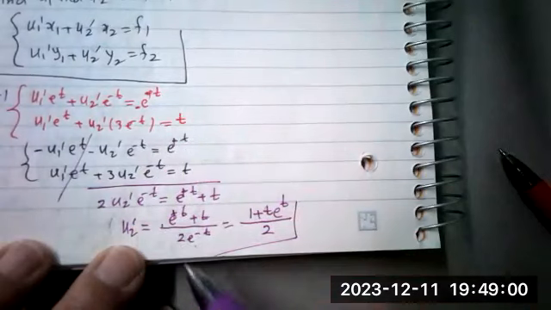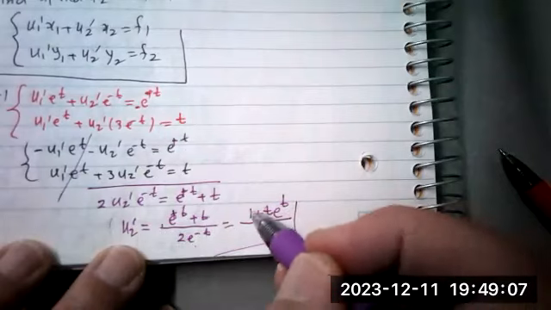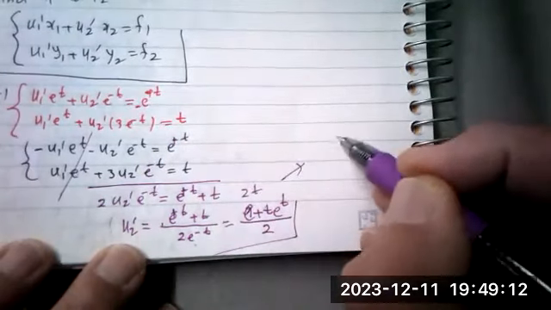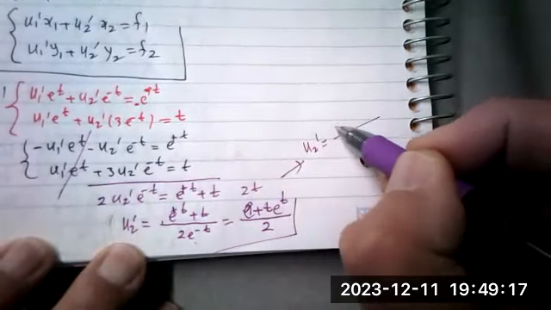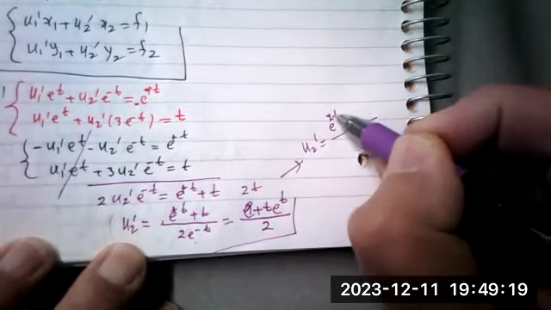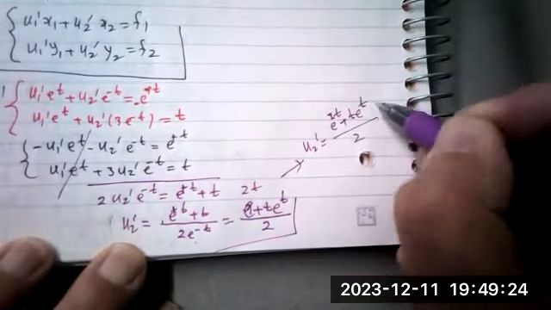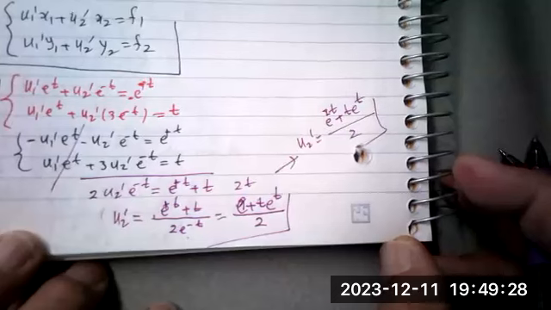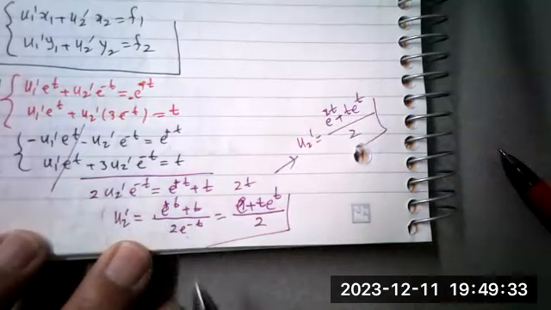So I move this one up, so that gives me e to the 2t, yes? It's going to be e to the 2t. So I write it down again here. So u2 prime is going to be what? It's going to be e to the 2t plus t e to the t divided by 2. Is it right? Because I move it up, that will be the same power.